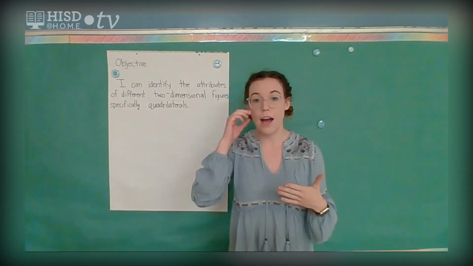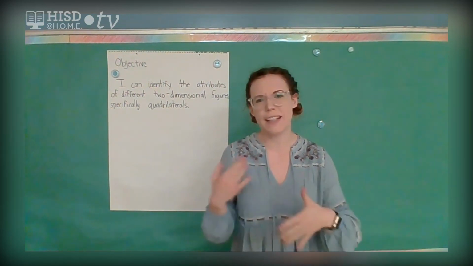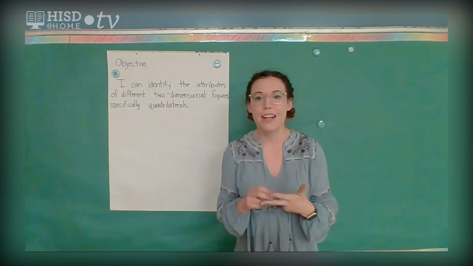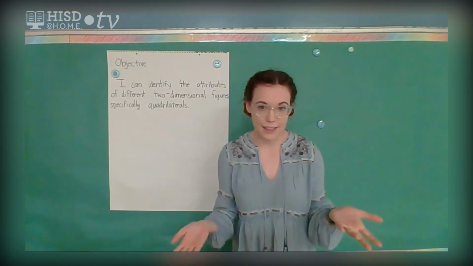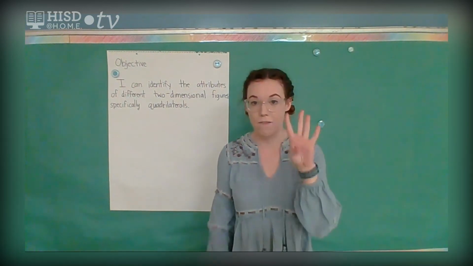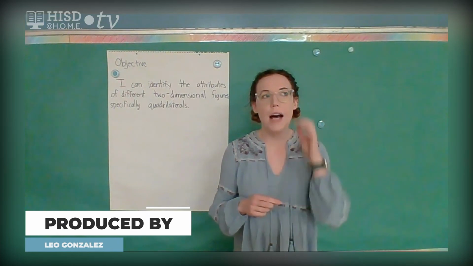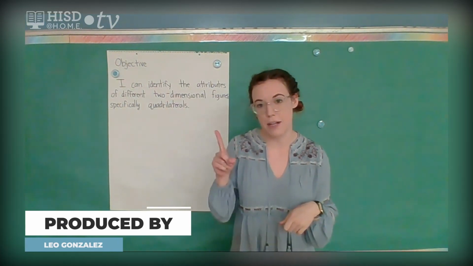Then we went over different types of quadrilaterals and their different categories, right? Like a square and a rectangle and a rhombus are all technically a parallelogram, and they're all technically a quadrilateral because they have four sides and four vertices or angles. But a trapezoid is its own special one where it only has one set of parallel lines.